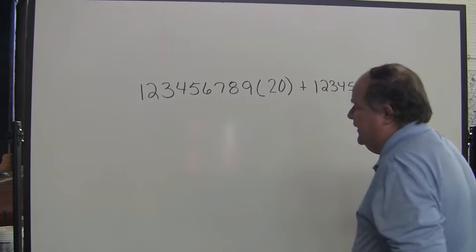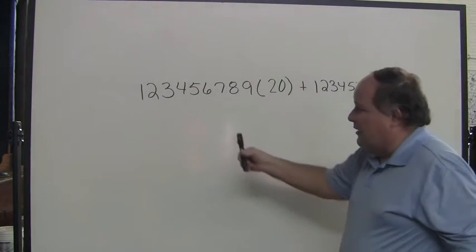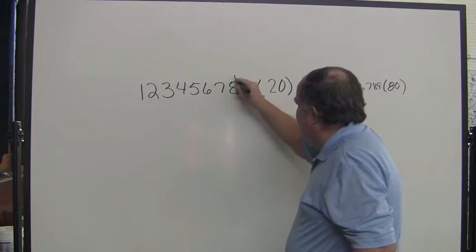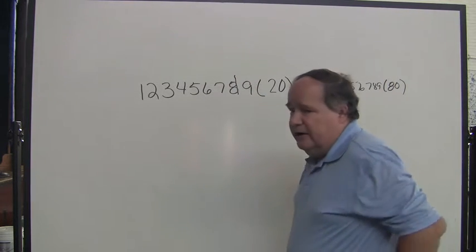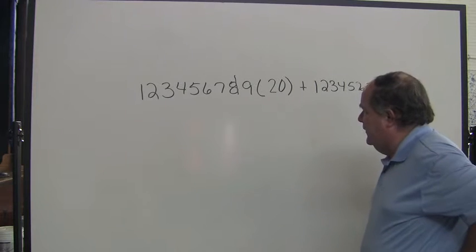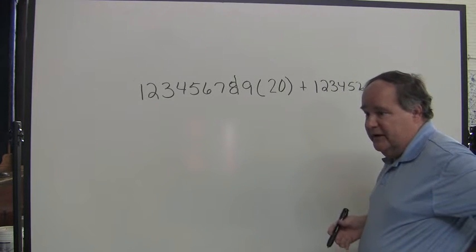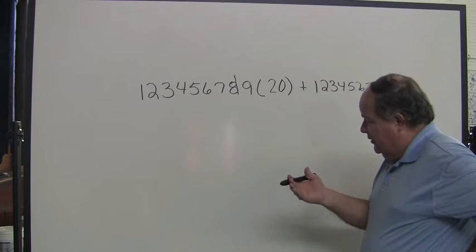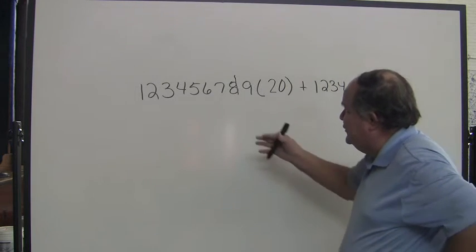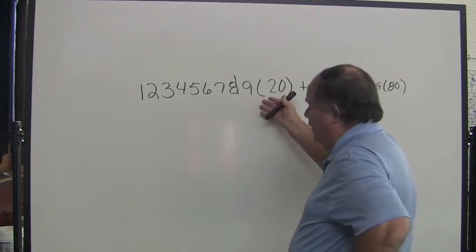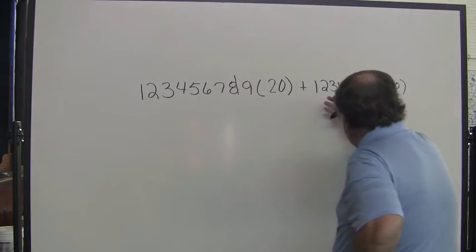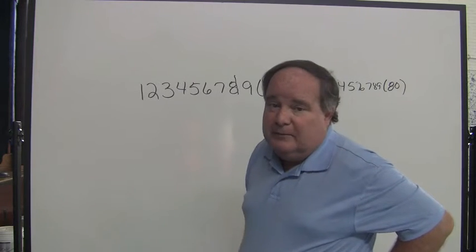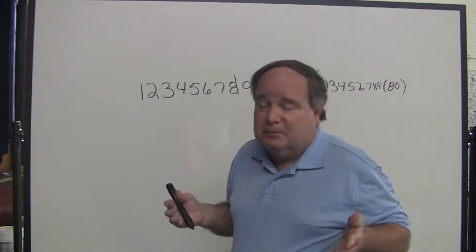Now, for you guys that love calculators, if you try to plug this in, you're probably going to get up to about right here, and your calculator's not going to accept any more numbers. You're going to scratch your head and say, wow, I can't do this problem because of my calculator. Or you'll have to take this humongous number and multiply it by 20, and this humongous number and multiply it by 80.